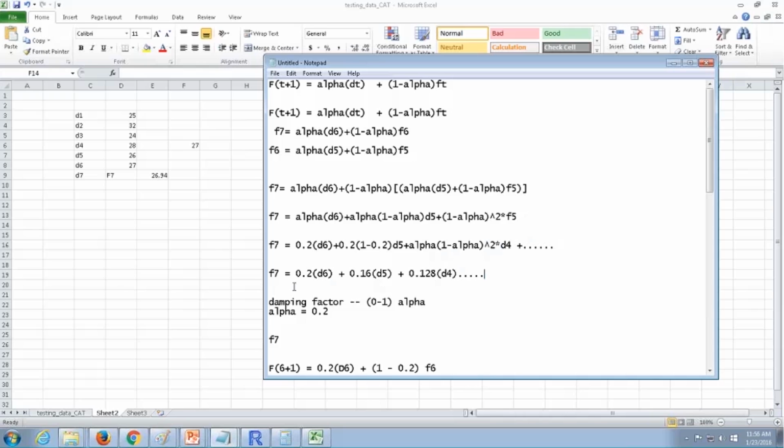D6 has the highest weight, which is 0.2. After that, D5 has a lower weight, 0.16, and D4 has still less weight, 0.128. So gradually these weights are decreasing, right? D6 is given more weightage, D5 less weightage, and D4 very little weightage. So this weightage keeps on decreasing exponentially.